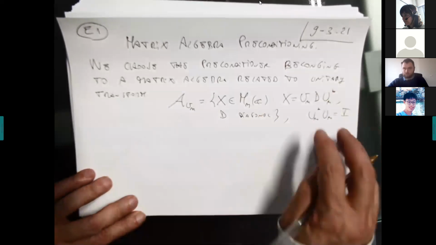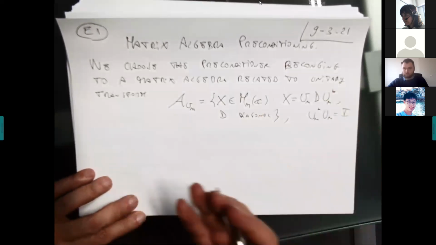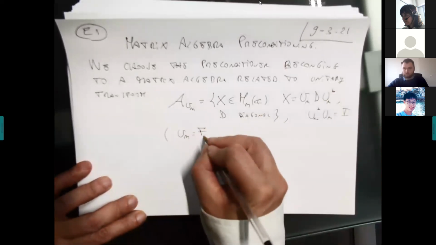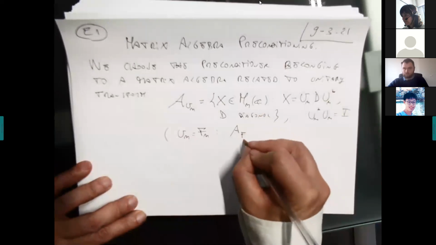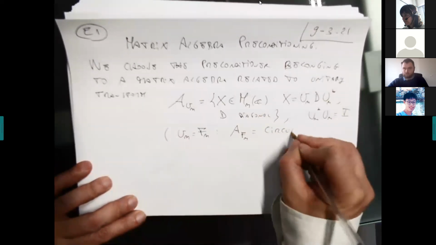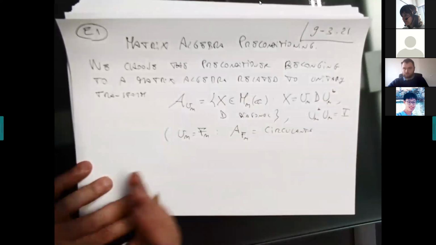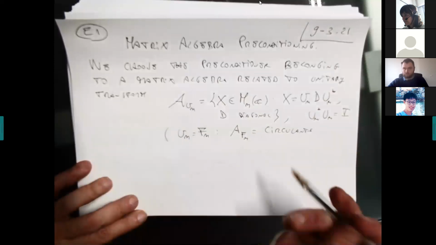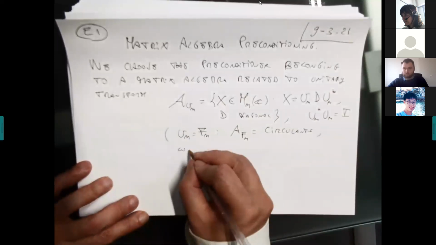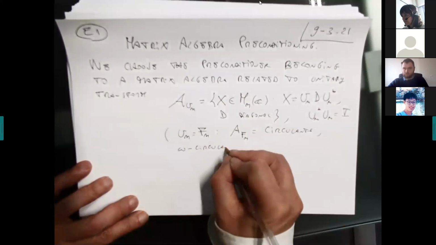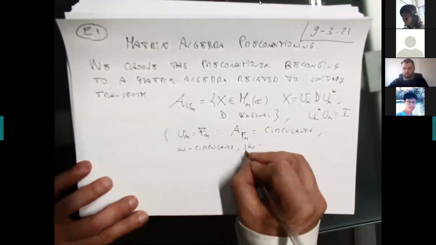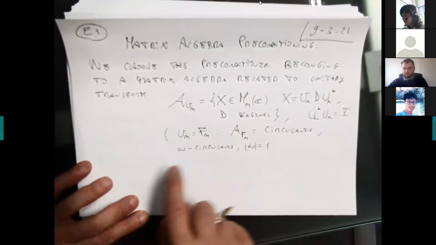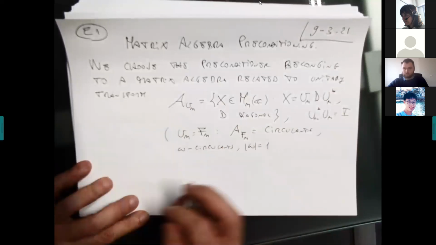So we have already encountered one of these algebras. For UN equal to Fn, the algebra is the circulants. Okay, so the circulants are a matrix algebra related to a unitary transform. But then there are the omega circulants, with omega of modulus equal to 1. Also these are, for any omega of modulus 1, algebras related to a unitary transform.